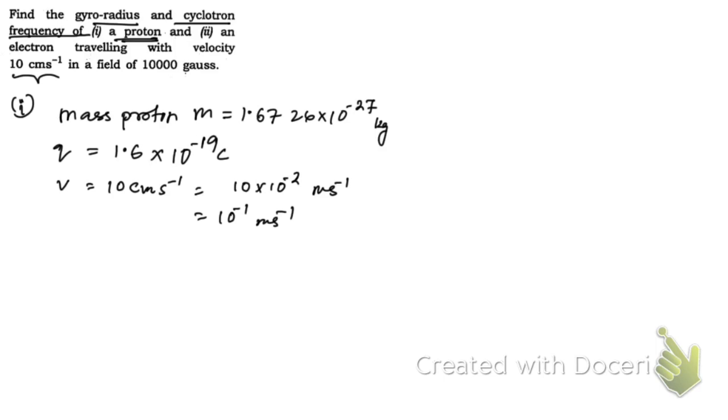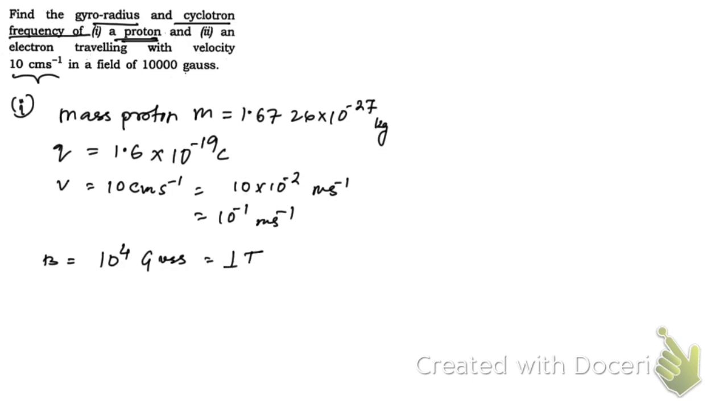And the magnetic field is given, B is equal to 10 to the power 4 Gauss, which is nothing but 1 Tesla, right?